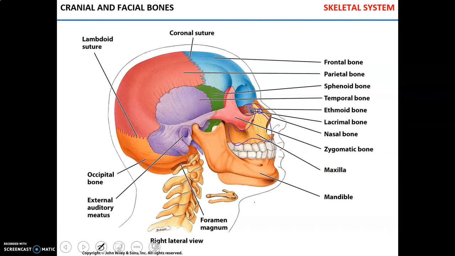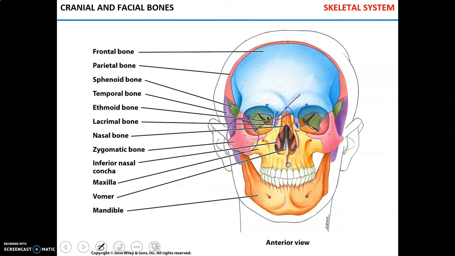Maxillary bone, it's upper jaw, and mandible. In this image you also see maxillary bone. It's basically 2 fused bones, and a mandible. You can also see inferior nasal conchae, part of the wall of the nasal cavity, and you can see vomer.